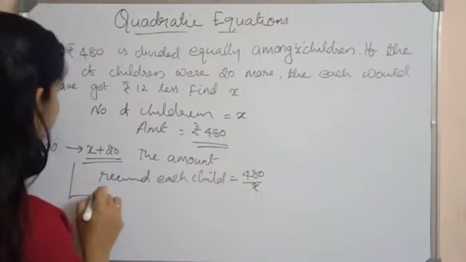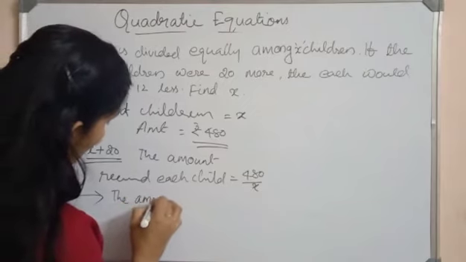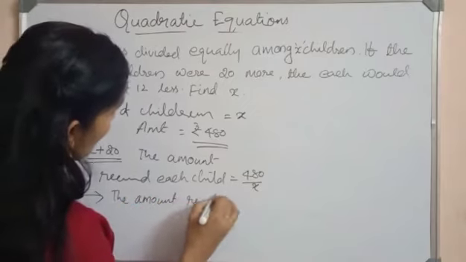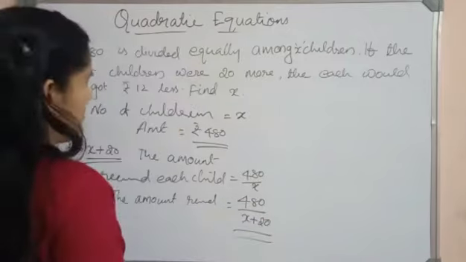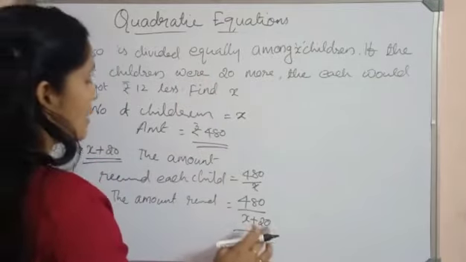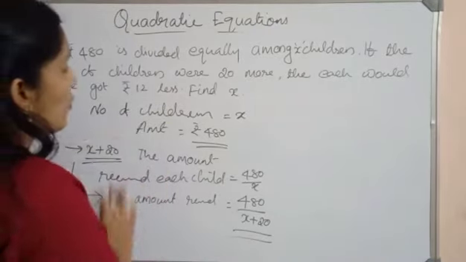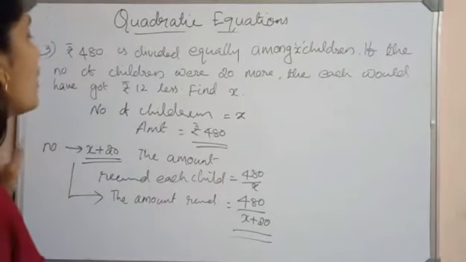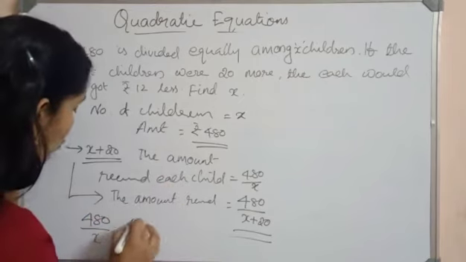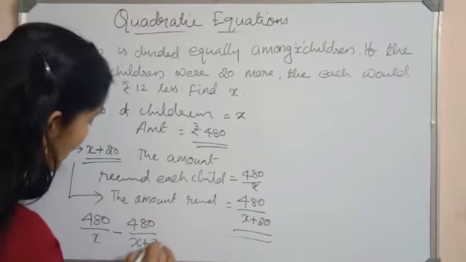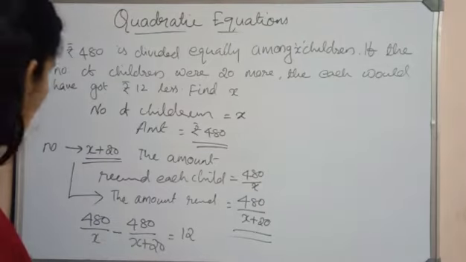When the number increases to x plus 20, the amount received is equal to 480 by x plus 20. And it is given that when the number increases to x plus 20, there was a difference of 12 rupees. Each child got 12 rupees less. So when we write this in equation form, we get 480 by x minus 480 by x plus 20 is equal to 12.